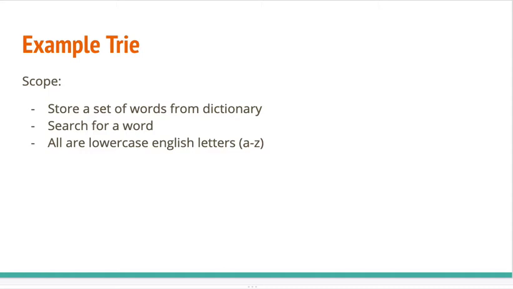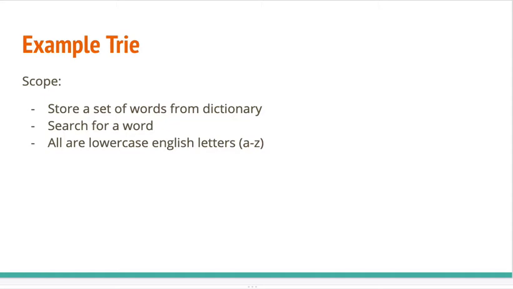One is it has a way to store words from a dictionary, and second is it has a way to search for a word that is already stored in the trie, and the third thing is all the words that we are storing or searching will have only the lowercase English characters, that is A to Z, right? Only the 26 letters that are there in the lowercase English letters. So the words will have only the lowercase. So that is the scope that we have defined for this exercise.